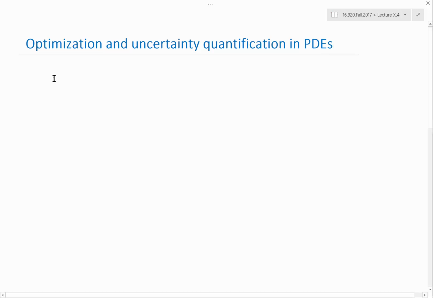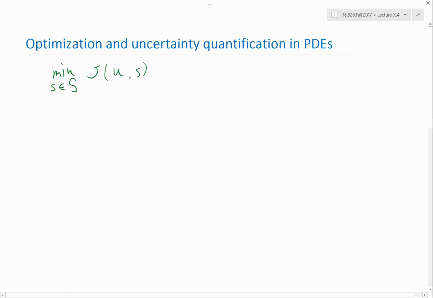An optimization problem in the context of a partial differential equation can usually be written as: minimize over a parameter S in a parameter space, big S, a function J that is a function of two things. One is, of course, the parameter, but the other is U, a solution to a differential equation.